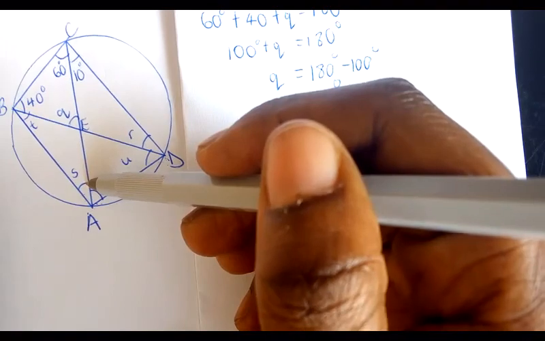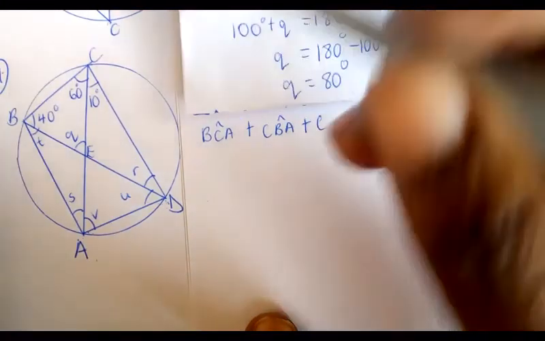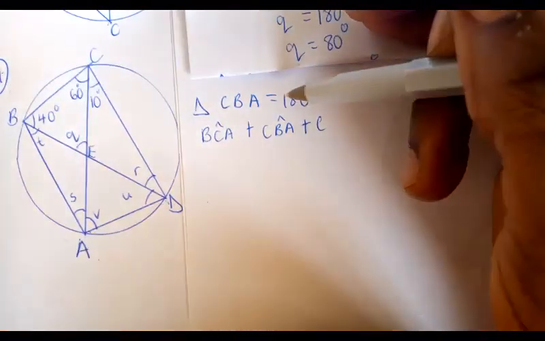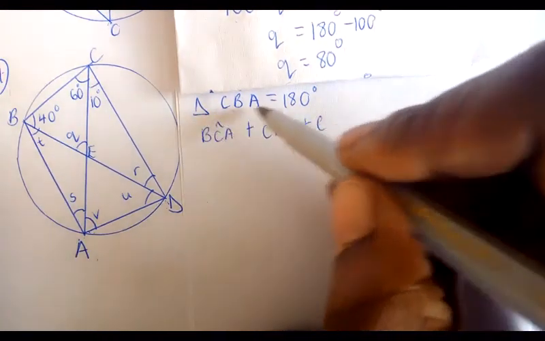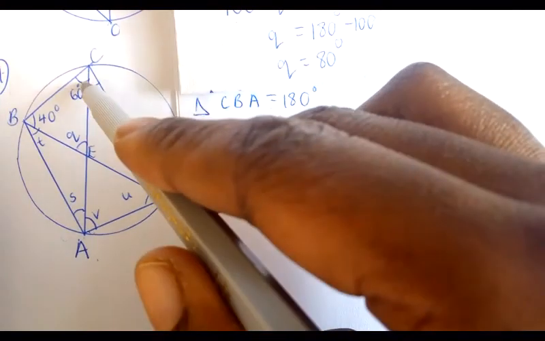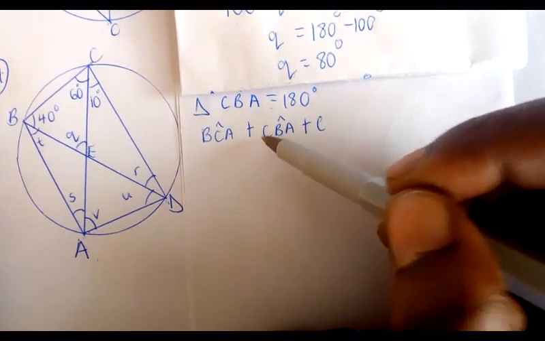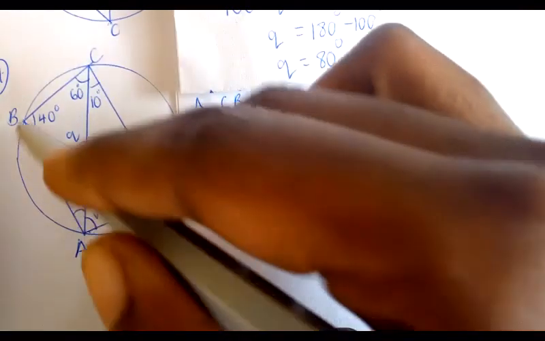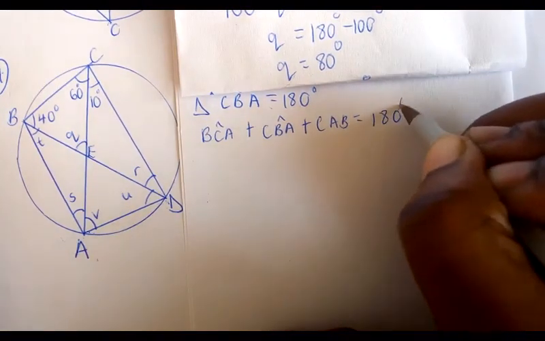So if we look at S here, it is in this triangle CBA, and any triangle adds up to 180 degrees. And if we look at triangle CBA, this is angle BCA plus angle CBA plus angle CAB, which is equal to 180 degrees.